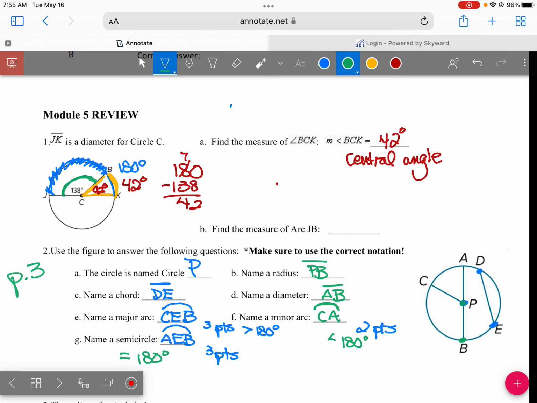Because this central angle, JCB, is 138 degrees, that matches up with the measure of arc JB, which is also 138 degrees. So the central angle will always be the same as the arc that it goes out to. Central angle is equal to its intercepted arc.